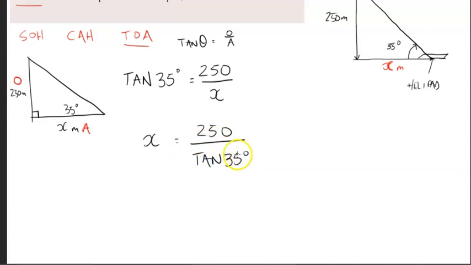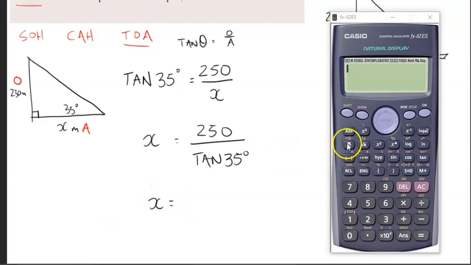And this is just a matter of putting this into the calculator. Trusty calculator, we get a fraction, 250 on the top. Remember to put your cursor down. We're using tan 35 degrees. Make sure you close that bracket.